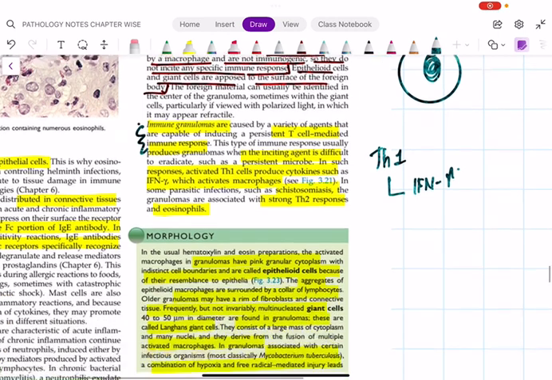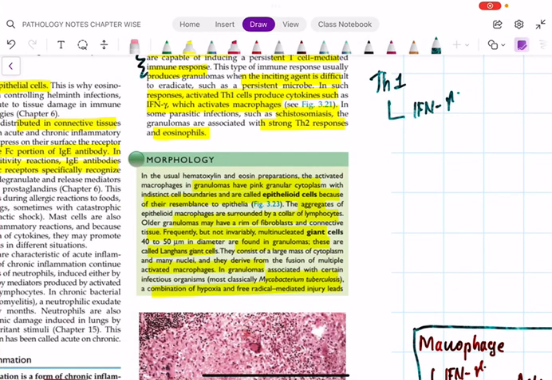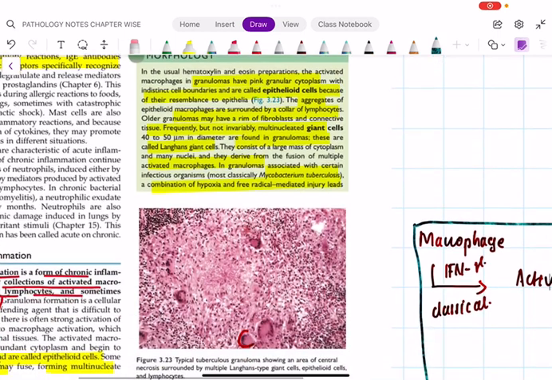Now let us see the morphological pattern, how this granuloma looks under microscope. First of all, they will have a pink, eosinophilic cytoplasm. You can't appreciate any cell boundaries; the cell architecture is completely distorted. And you can see a lot of epithelioid cells. These dot cells are nothing else but the epithelioid cells. And somewhere here, you can see these epithelioid cells undergo aggregation.